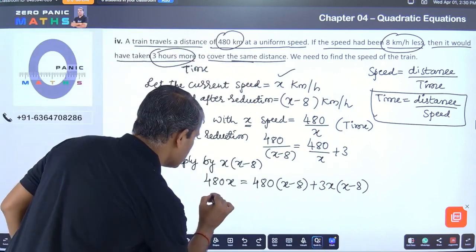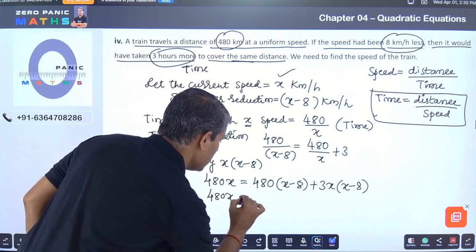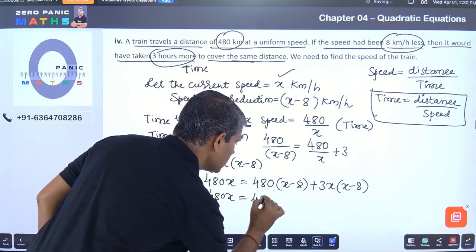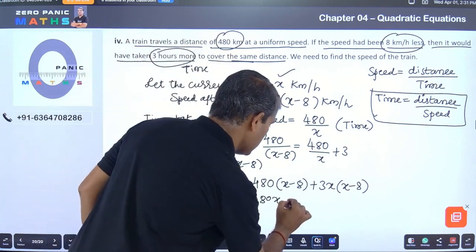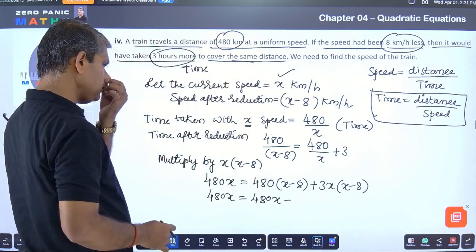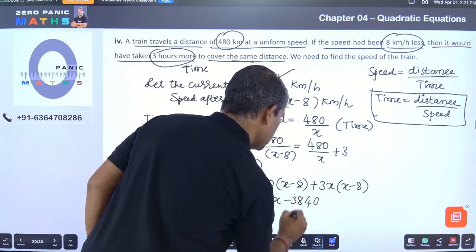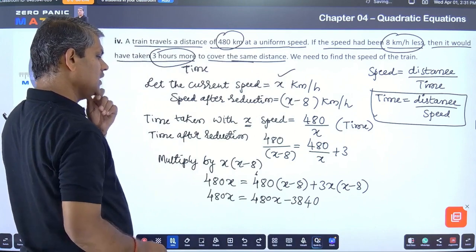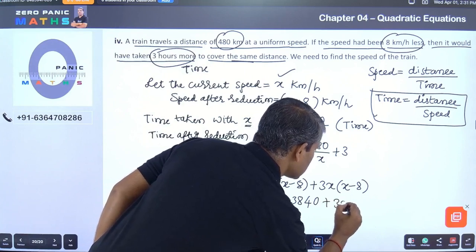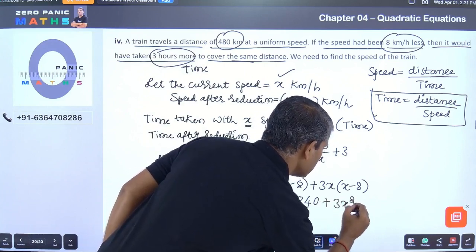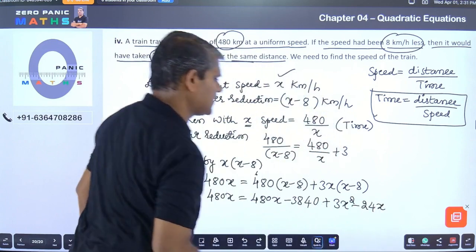So this is 480x, equal to 480x minus 480 into 8, which is 3840, plus 3x square minus 24x.